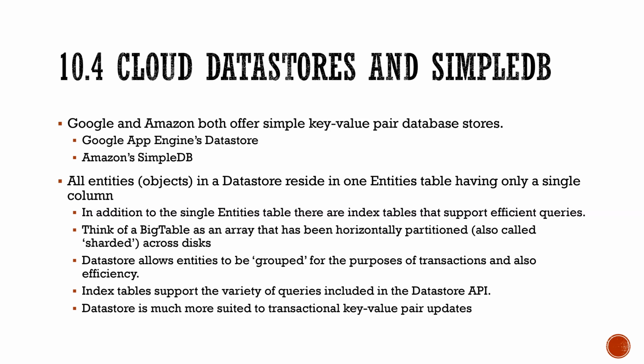All the objects or entities in a data store. An object is simply a noun, a person, place, or thing, where the data that's stored in a database resides. In this case, we have a single column, and there are indexes that support the retrieval of data from a query. Think of Bigtable as an array.